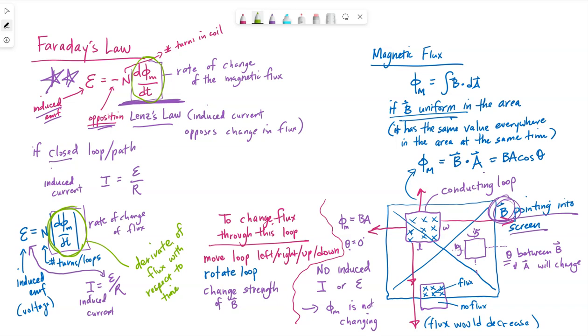The other side note that I do see a lot, if you don't think through the math very carefully, we know flux is an integral, and I've had a number of students believe that the derivative over here on the left cancels that integral. But that, of course, is not the case, because this is the integral with respect to area. So with respect to where in the area we're talking about.